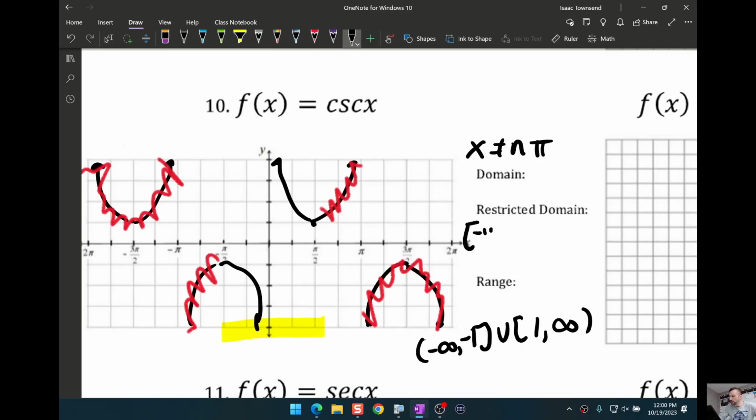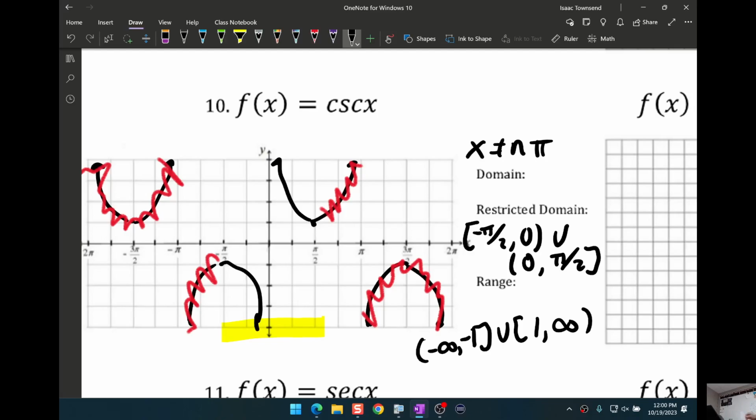It goes from negative pi over 2 to 0, but don't include 0, and then 0 to positive pi over 2. That would be its restricted domain. That's the part of the graph I would have to keep. So that restricted domain ends up being the range of inverse cosecant.